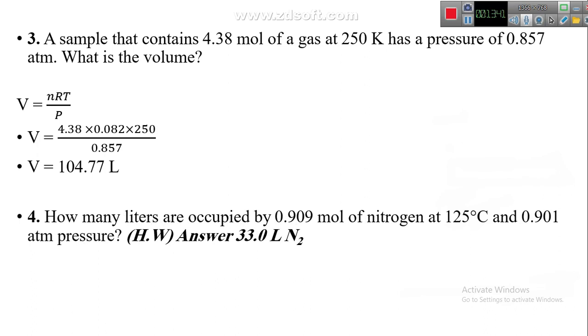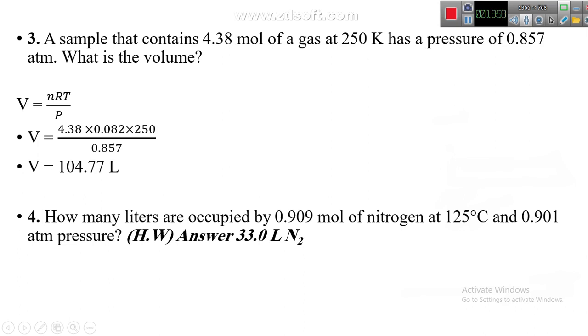Please, dear students, I hope you can solve this type of question by using the same relation above, V is equal to nRT over P. Only here, if we have the Celsius degree, it is not Kelvin temperature.